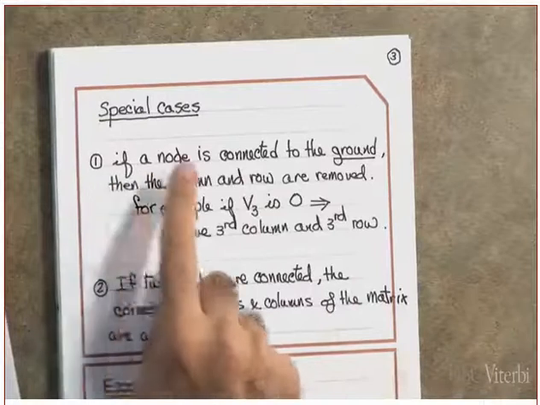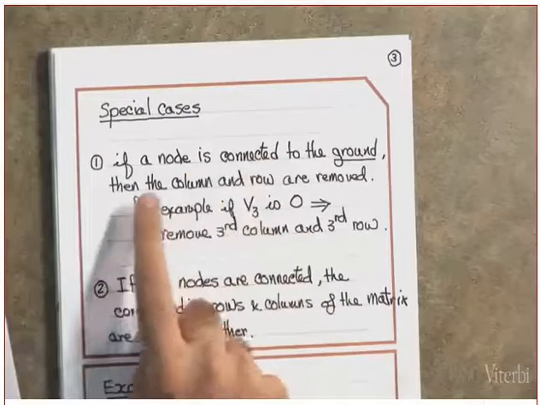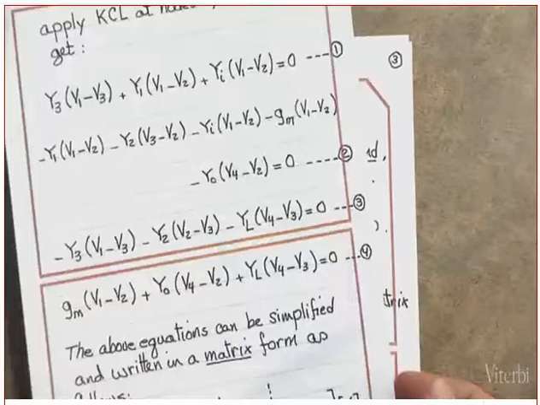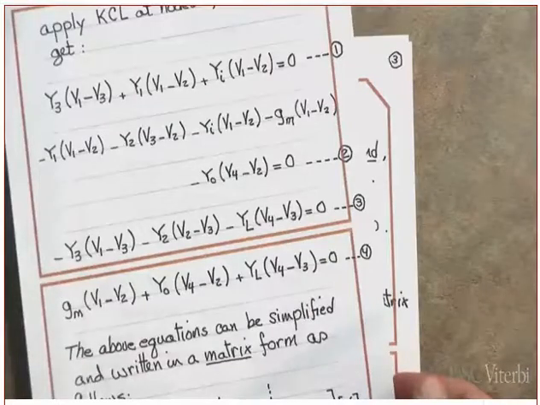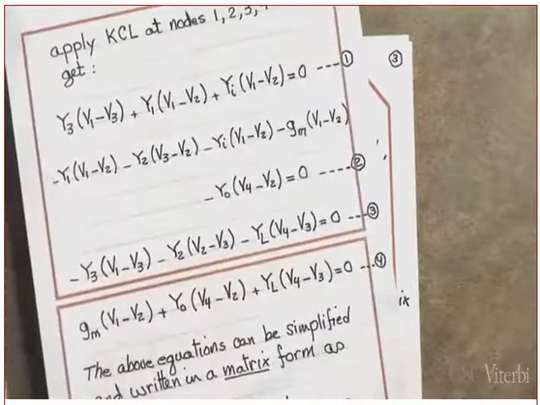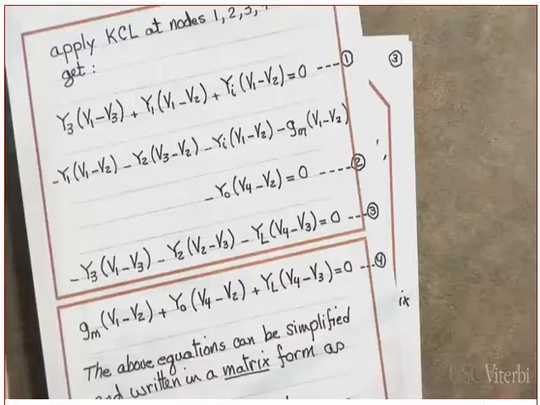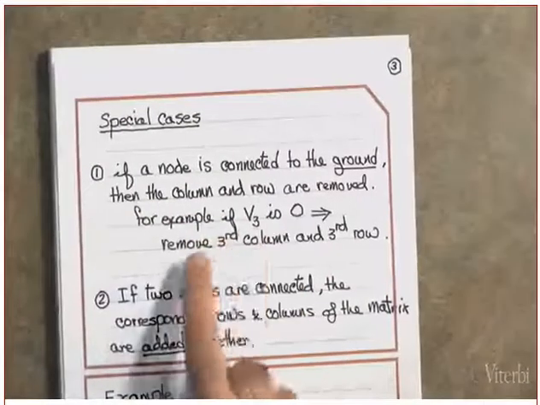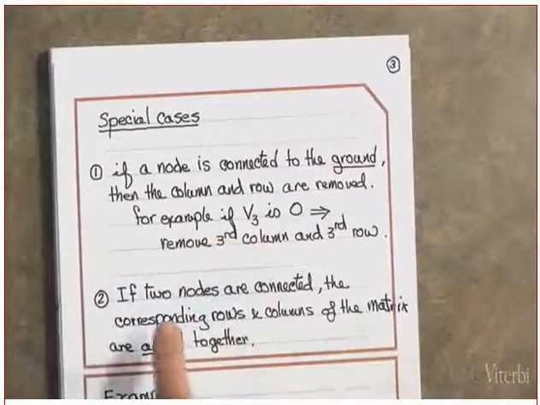The entire column and the entire row, I put equal to 0. Why? Because a node in here will be equal to 0. So when you multiply anything with 0, you get 0. Clear? Okay. For example, if V3 is 0, then remove the third column and the third row.